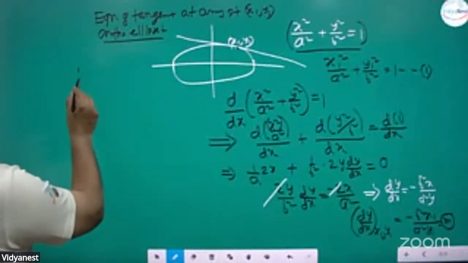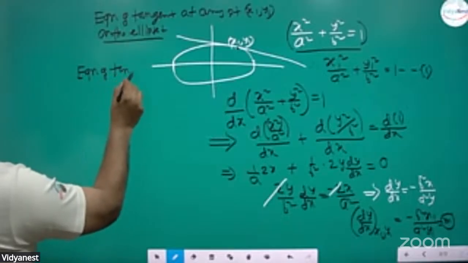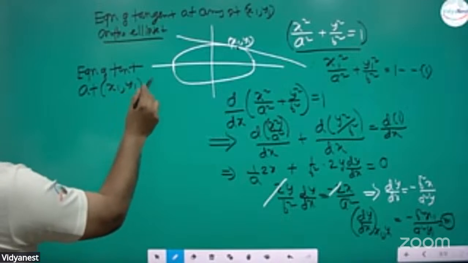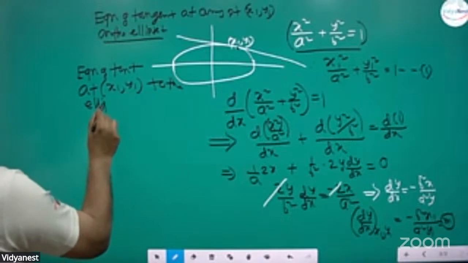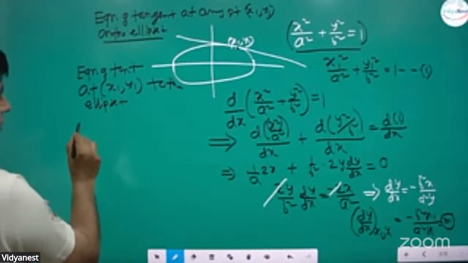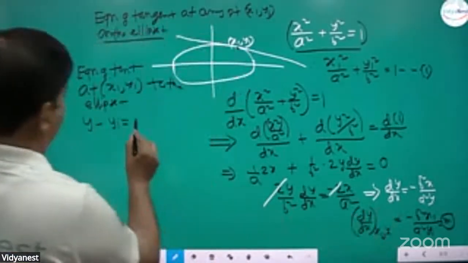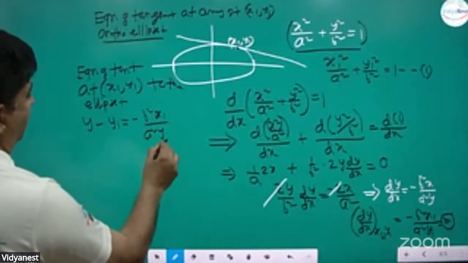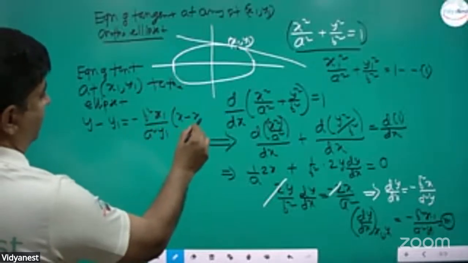You write the equation of tangent at x1, y1 to the ellipse: y minus y1 equals m, what is m? Minus b square x1 by a square y1, times x minus x1.